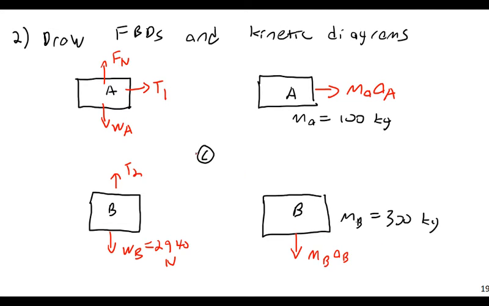This is what's going to allow me to relate T1 and T2. On this pulley, I'm going to have two versions of T1 pulling up, and then I'm going to have T2 pulling down on it. So from this, I can see that T1 is going to be 1/2 of T2. I can immediately see that fairly straightforwardly. So now, the rest is math.